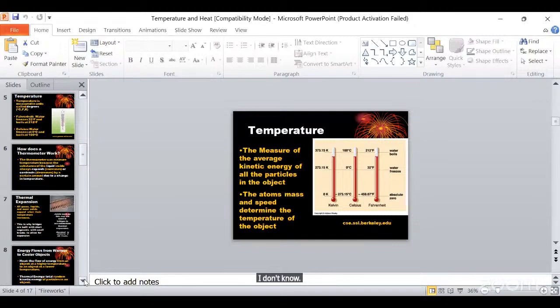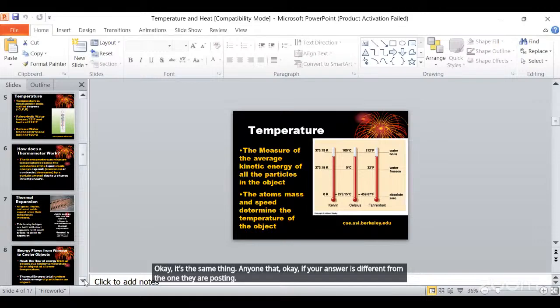433 Kelvin. The first lady says 433. 433 Kelvin. Same. Okay, it's the same thing. If your answer is different from the one they are posting, can you tell me?